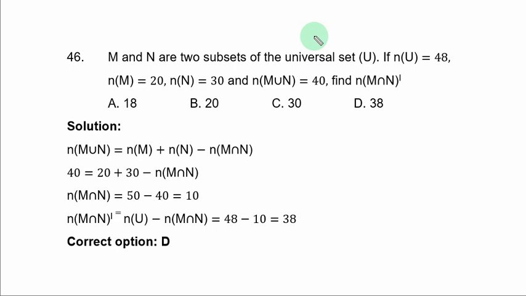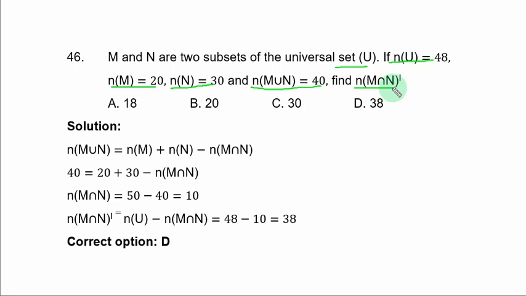Question 46. M and N are two subsets of the universal set. If the number of elements in the universal set is 48, number of elements in subset M is 20, and that of N is 30, and the union is 40, find the intersection prime.